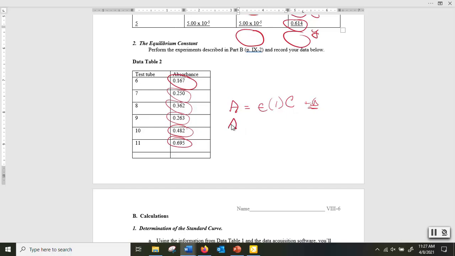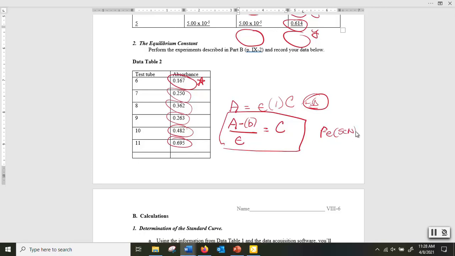So you're going to end up with absorbance, minus whatever your little mistake was, divided by eta is going to be your concentration. Cool? So you're going to be able to solve for your concentration of your FeSCN for all of these test tubes.